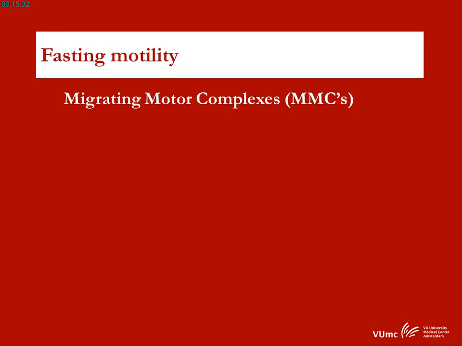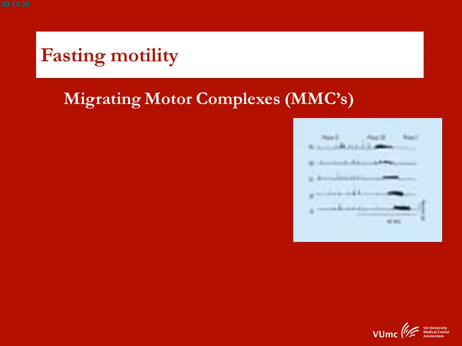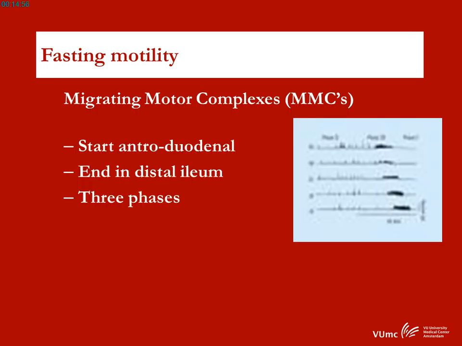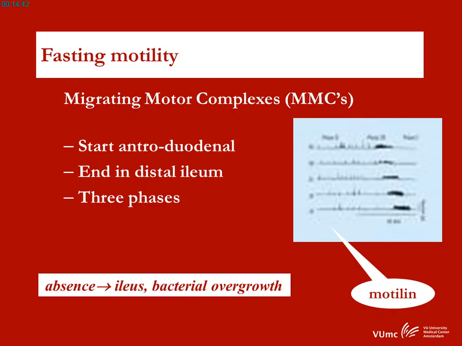If we look at fasting motility, there are the migrating motor complexes. They are initiated in the duodenum and they end distally in the ileum, and they have 3 phases, and they are initiated by motilin. They are a sort of housekeeping motility, which is important because if it is absent, we get ileus and bacterial overgrowth.